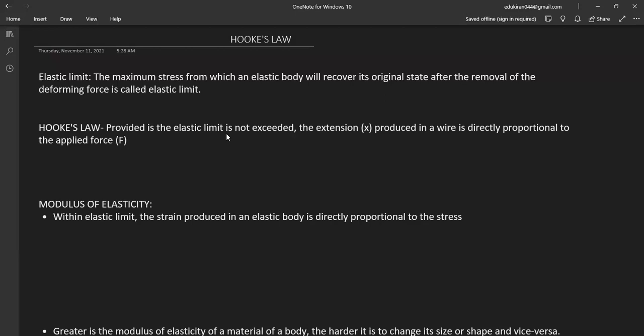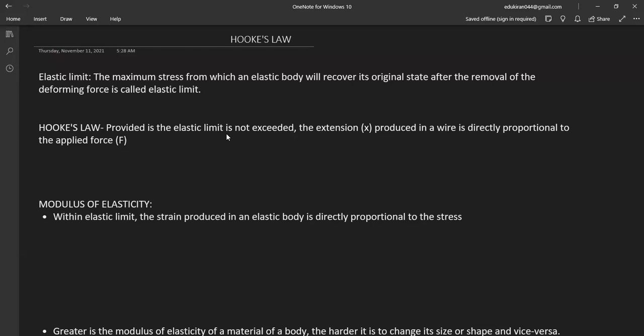A body has a tendency to regain its original shape back, but if for a very small or very light object I am applying a very heavy mass, the body will be deformed and it will not be able to regain its shape back. It means the elastic limit has been crossed.